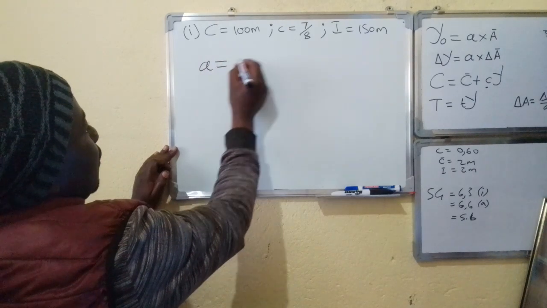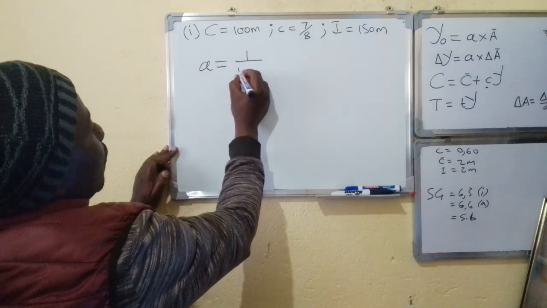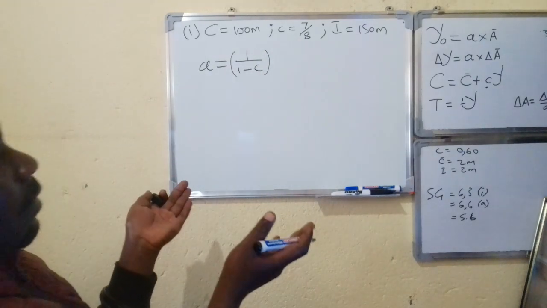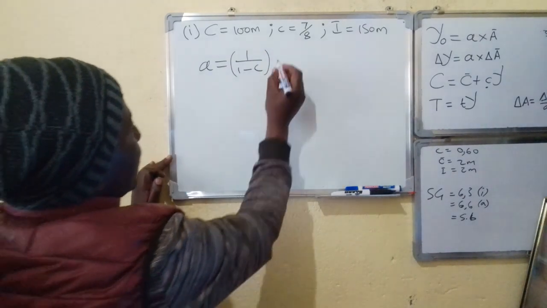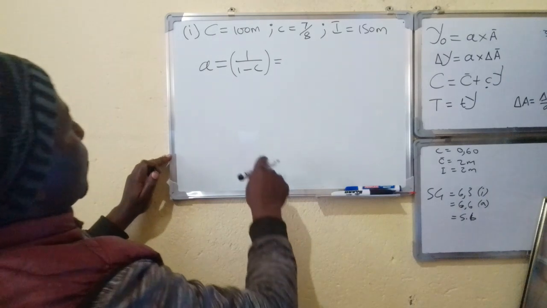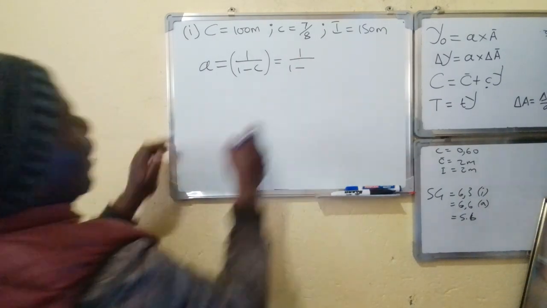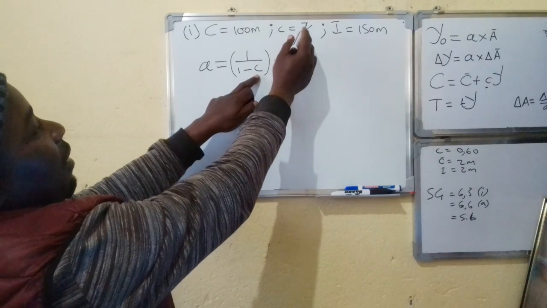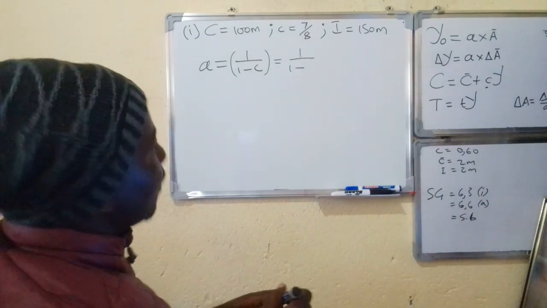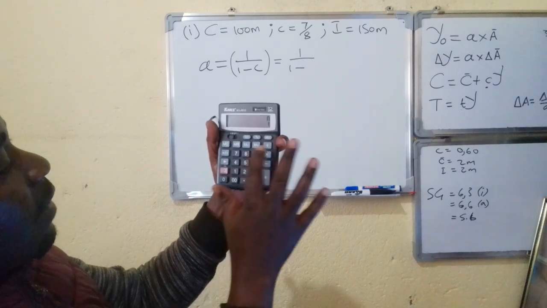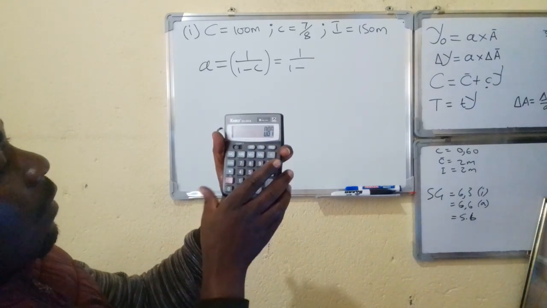First, 1 over 1 minus c. Remember the multiplier without government. So let's find our multiplier. It's going to be 1 over 1 minus our little c. Where is it? It's 7 over 8. But I want it in decimal. So here is my calculator. 7 divided by 8. It's 0.87.